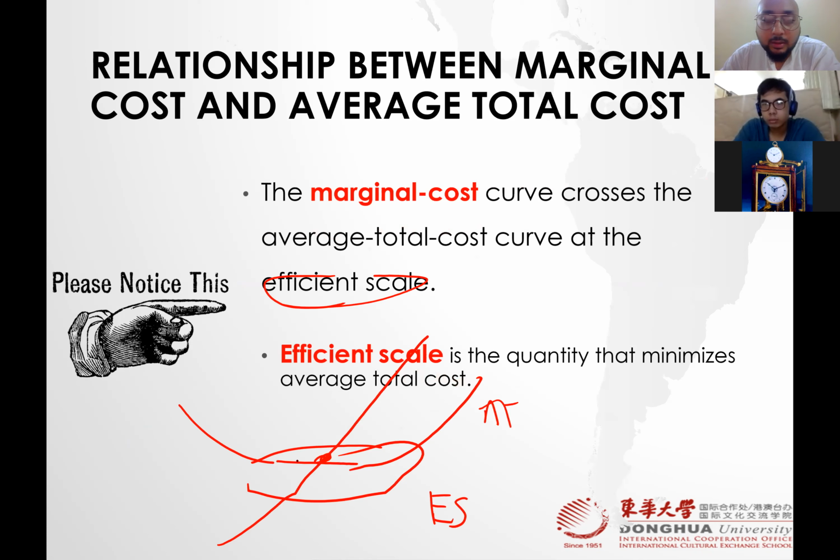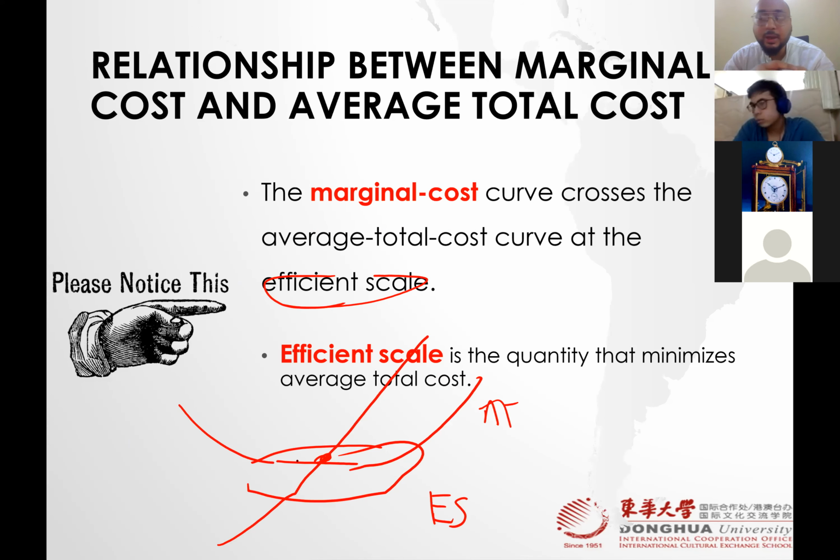And that efficient scale can also be found out. You see, if there are too many curves, remember that one. Now we have made 4 curves, 5 curves, right? So remember that only one curve, MC will cross the average total cost, and it will cross at its minimum. So you automatically see that, okay, we are talking about this one.